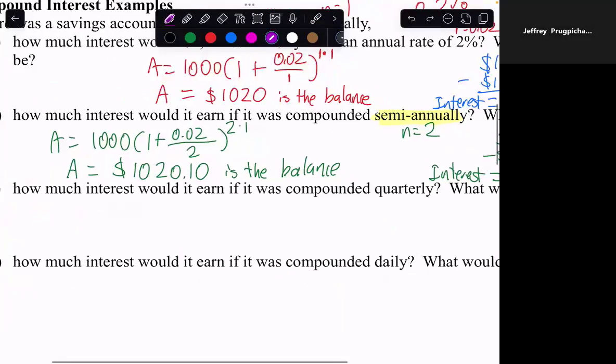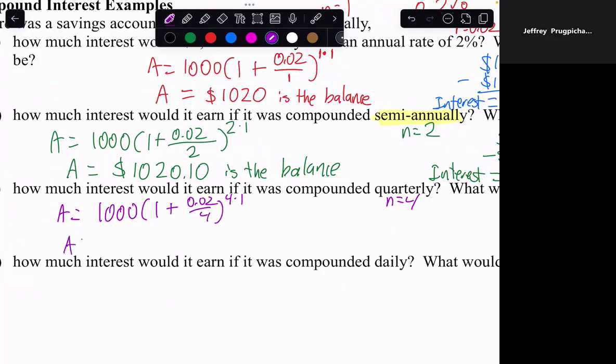Okay, so for part C, quarterly means n is 4. So the calculation for the balance would be 1,000 times parentheses 1 plus 0.02 over 4 to the power of 4 times 1. Okay, so that one comes out to $1,020.15.